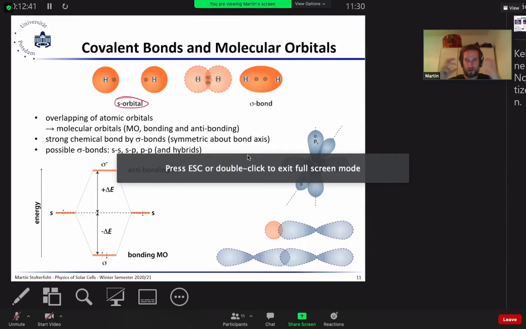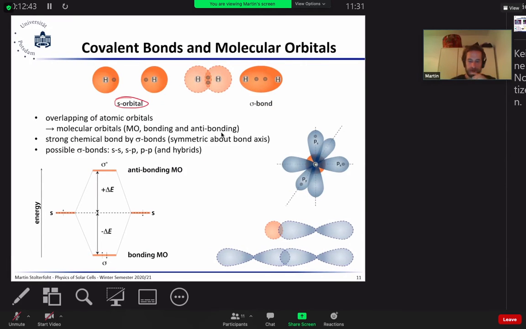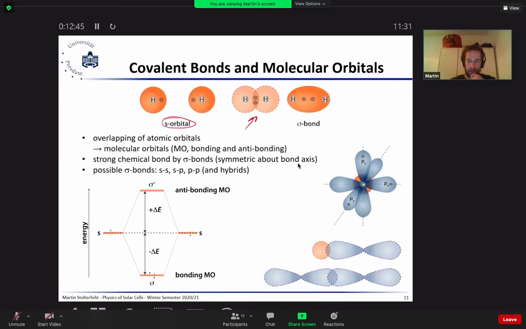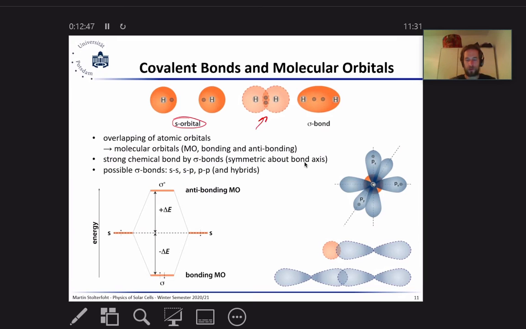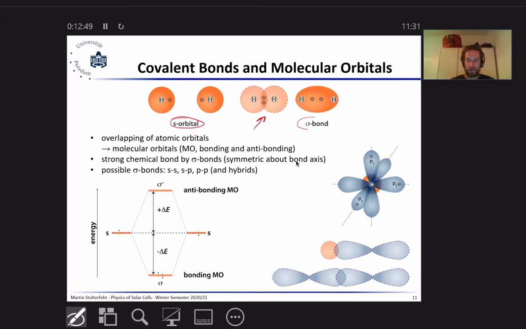If you bring these 2 s shells together, like so, then a molecular orbital will be formed, which is now called the sigma bond in this case. So generally, we can say that the overlapping of atomic orbitals leads to molecular orbitals, and they can have bonding or anti-bonding properties.